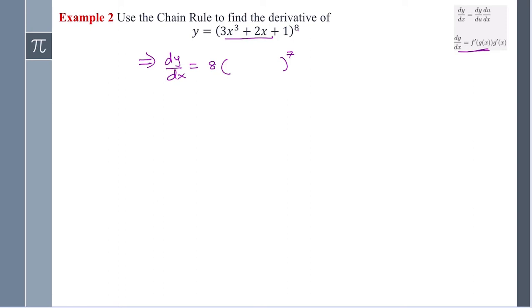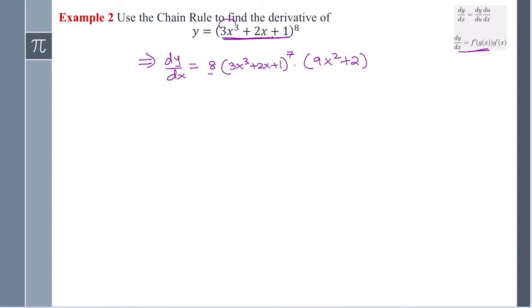So we reduce the power by 1. The inside function we don't change, we just write it as it is, which is 3x cubed plus 2x plus 1. And then times the derivative of the inside function, which is 9x squared plus 2.